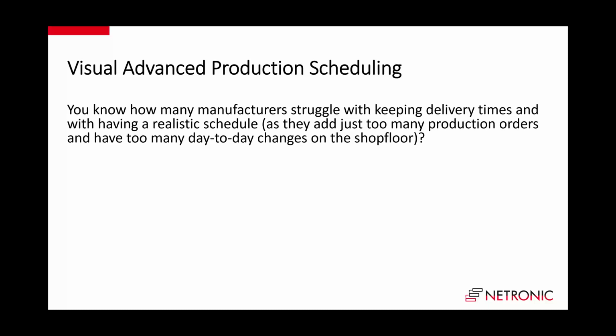They get a schedule out of Business Central, but this oftentimes is not very realistic. They struggle with it because they add just too many production orders a day or a week, and at the same time, they have too many day-to-day changes on the shop floor. I'm pretty sure you're familiar with this situation, either as a customer or user, or as a partner who has seen this with many of your customers.